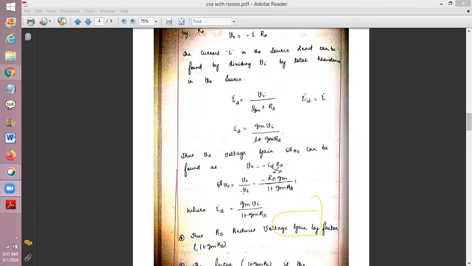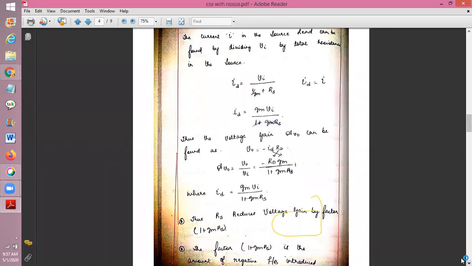Okay, whereas ID is equal to GM into VI divided by 1 plus GM into RS. So RS reduces the gain. You see here, gain is given by AV naught and you have RS in the denominator. If you observe AV naught and RS, they are inversely proportional.